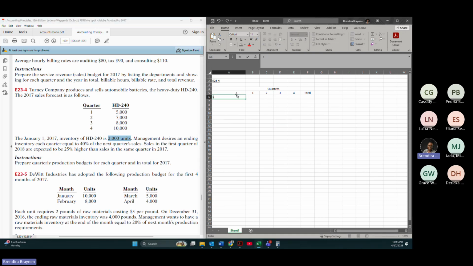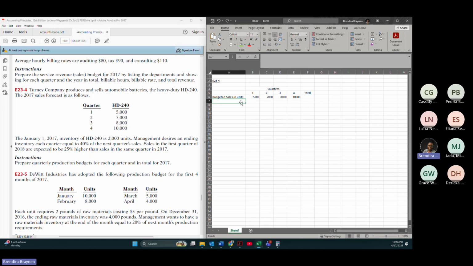So it starts with the sales, budgeted sales in units. And so they say we have 5,000, 7,000, 8,000, 10,000. Thus expected sales in units, that's what I'm expecting to sell.